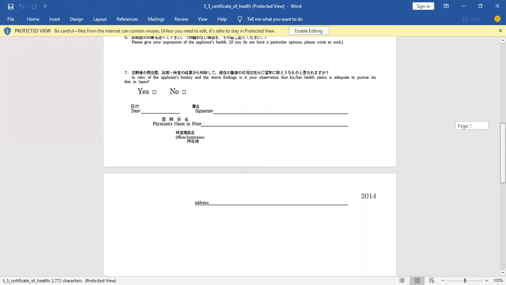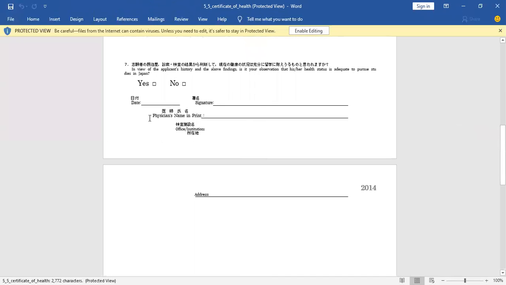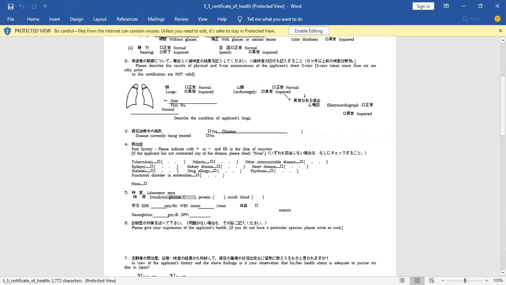And then there are the physician's name and signature, and of course we need a signature from the hospital.